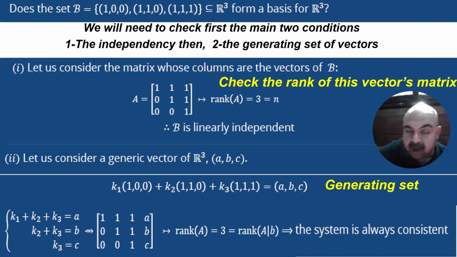Once more, to have a basis for any vector space, I should check two things: number one, the linear independence, and number two, the ability to generate any vector belonging to this vector space.